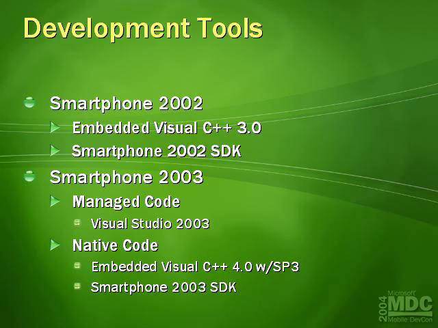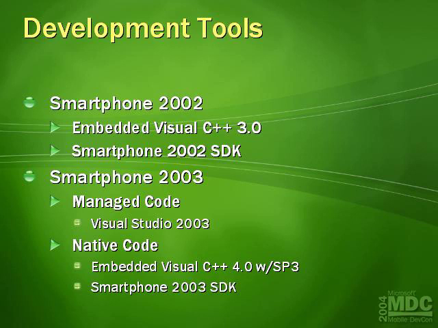You'll also need the Smartphone 2002 SDK, which will include things like the header files, the libraries, and the emulator. In Smartphone 2003, we add the option for developing managed code. To do that, you'll use Visual Studio 2003. If you want to develop using native code, then you'll need embedded Visual C++ 4.0 with Service Pack 3 and the Smartphone 2003 SDK.